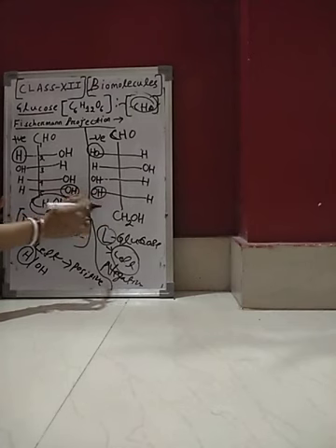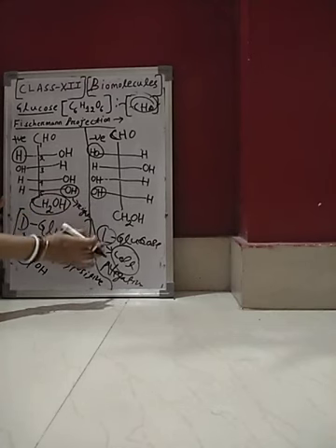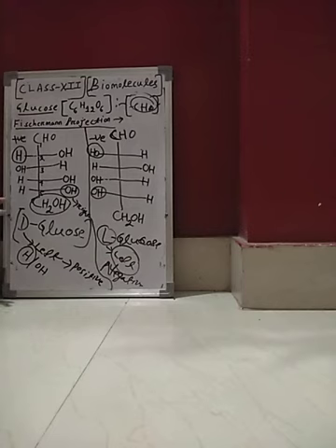If the OH is present on the left side, then it is L-glucose. So it is your wish how you remember it, either this positive-negative concept or the neighbor of the CH2OH group. If it is on the right side, then it is D-glucose; if it is on the left side, then it is L-glucose. Clear? So this is the Fischer projection. You have to practice like this.